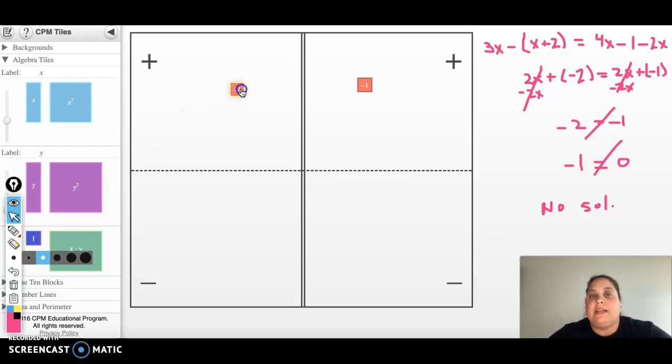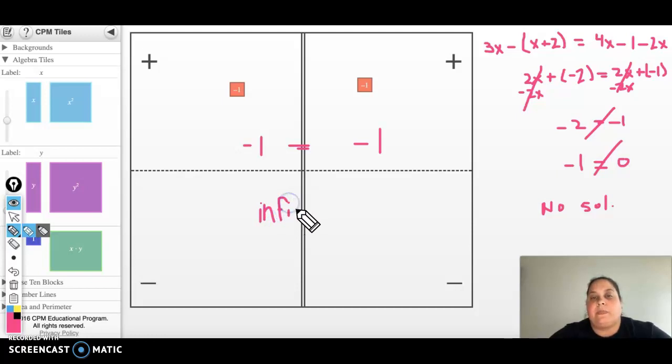Had this ended up as -1 equals -1, what type of solution would that have been? Well, I look at it, -1 does equal -1, which means instead of no solution, because it's not a correct answer, since it is correct, that would be our infinite many solutions, or infinite solutions.